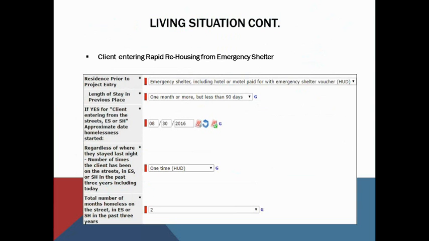Then, regardless of where they stayed last night, number of times the client has been on the streets, in emergency shelter, or safe haven in the past 3 years, including today. Then, total number of months homeless on the street, in emergency shelter, or safe haven in the past 3 years.